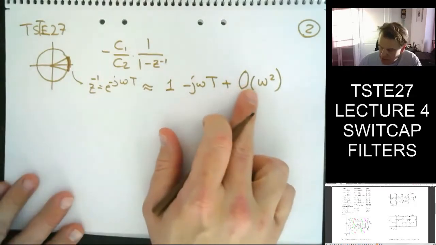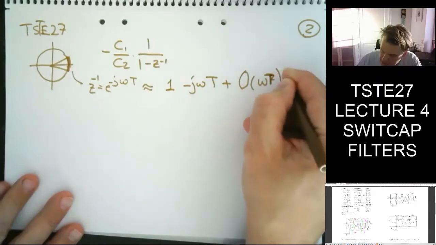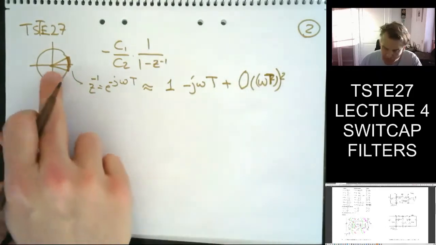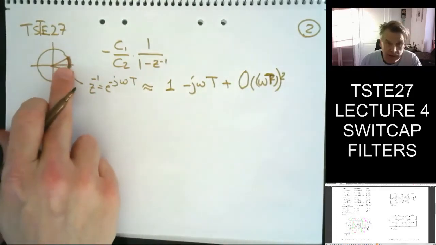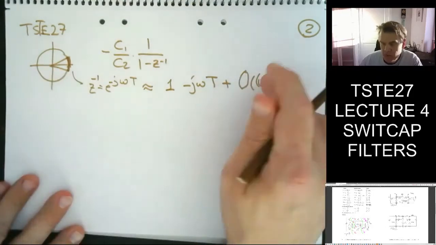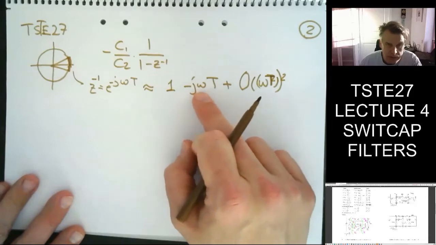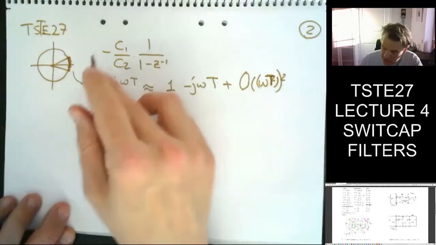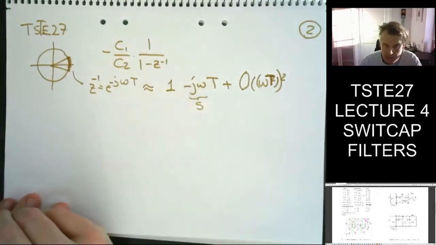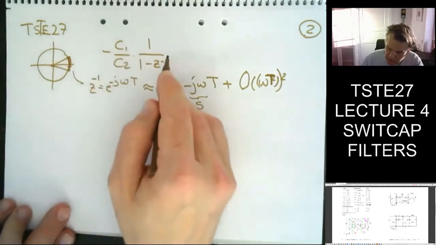Maybe I should say omega T squared. This is a small number because we have already selected a small angle here on my unit circle. So this term is approximately 0, at least comparatively much smaller than this one. Okay, so with that in mind, this we can translate into S. And then we can just insert this equation into that expression.